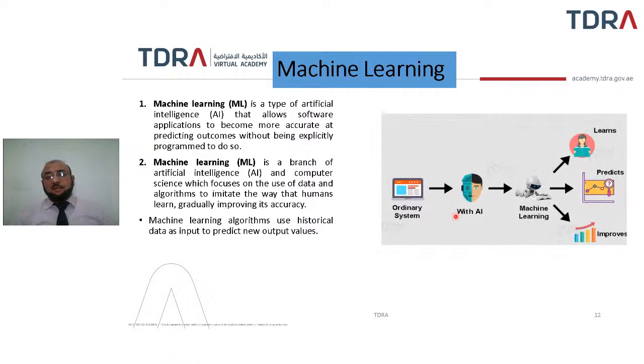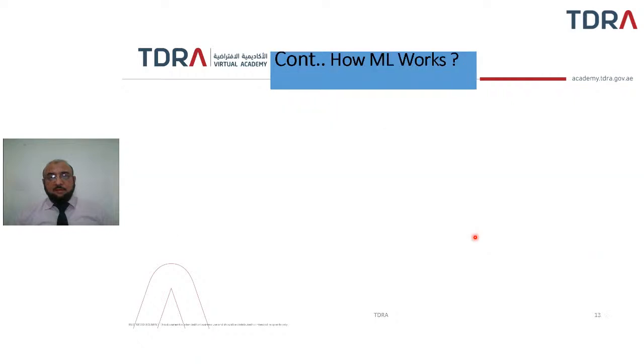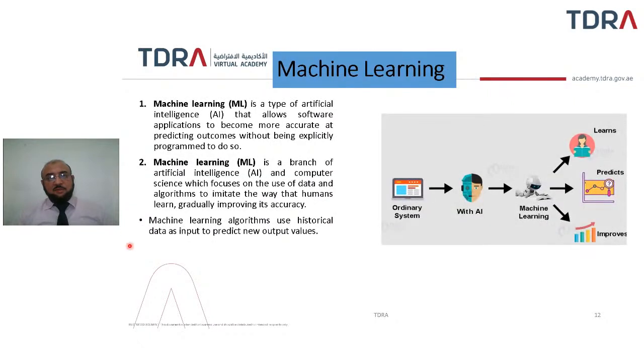With AI and machine learning, we predict things, and we learn and improve things. Machine learning algorithms use historical data as input and predict new output values.